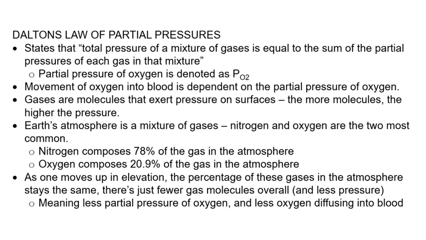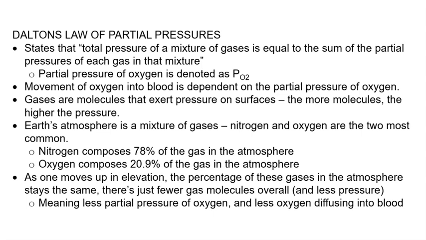What we encounter in normal physiology regarding the pressure of oxygen is that as someone goes up in altitude, up into the mountains, to higher elevations, the percentage of the gases in the atmosphere stays the same.